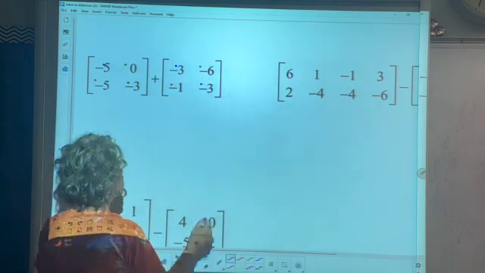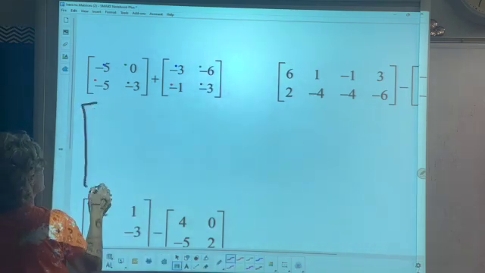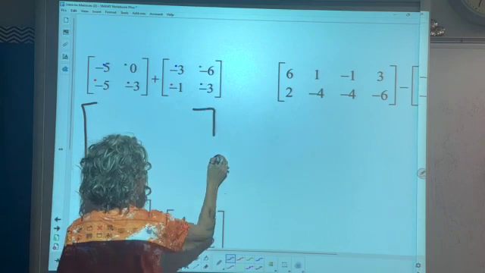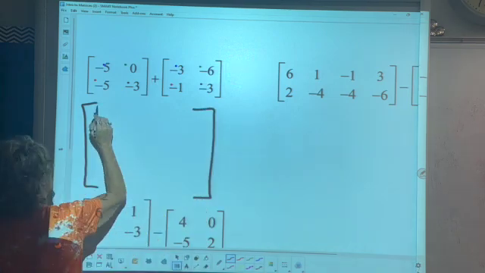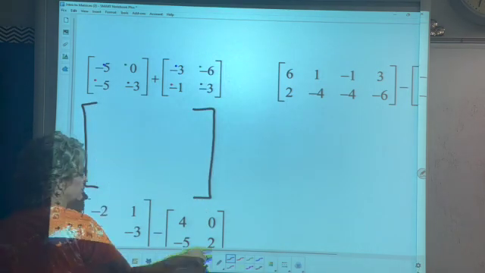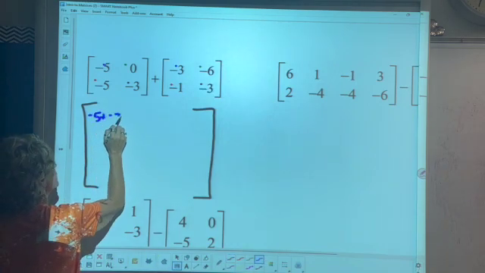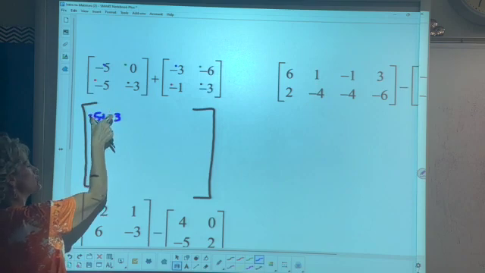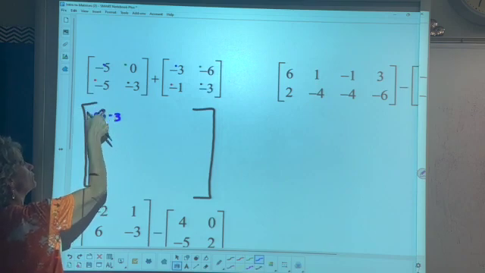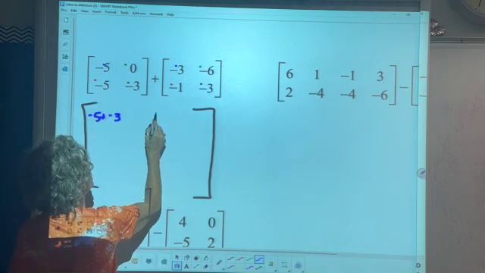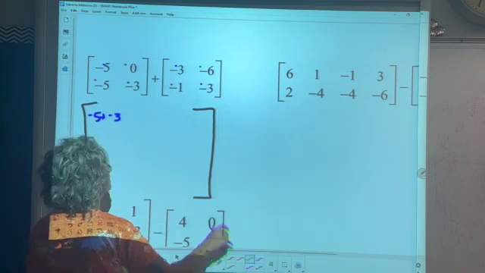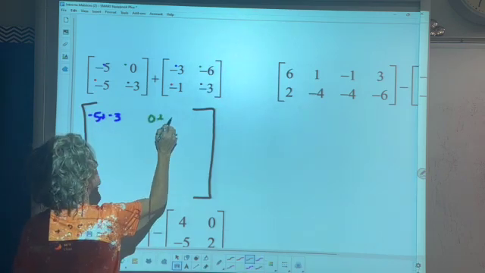So, showing all of my work, I'm going to write kind of big here, and I'm probably going to have to erase and come back. I'll do it in blue: a negative 5 plus a negative 3. That's the first entry in the first row. My second one would be, in green, 0 plus a negative 6.